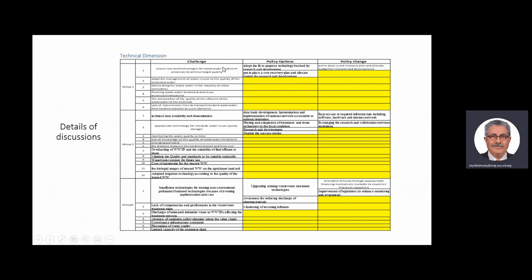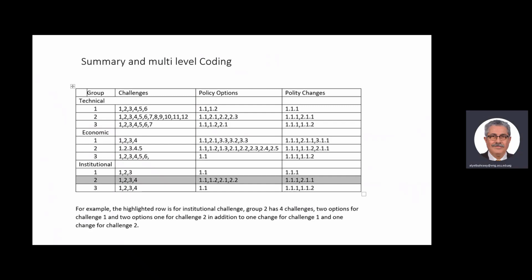Therefore, it's a hierarchy of challenges, and inside challenges there are policy options, and inside policy options there is policy change. Therefore, I prepared this table to show how to count the number of challenges, policy options, and policy changes for each group for the 3 issues: technical, economic, and institutional.